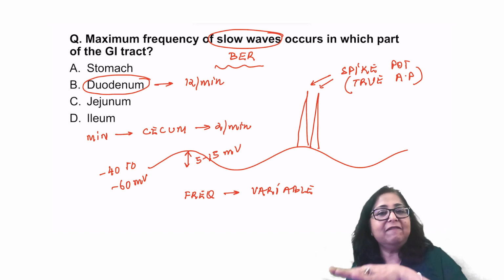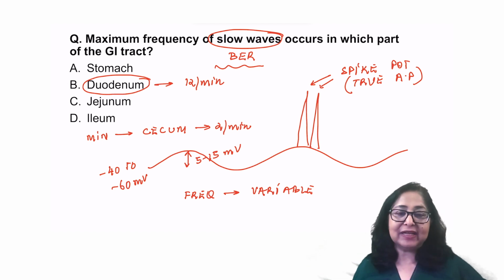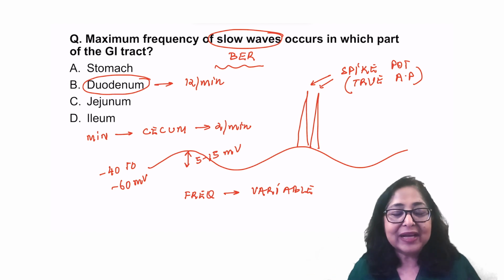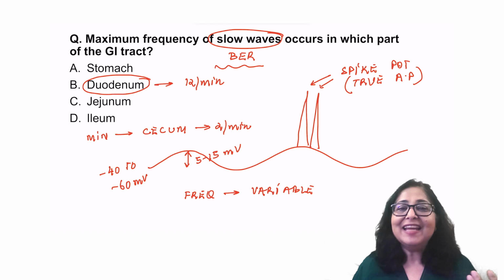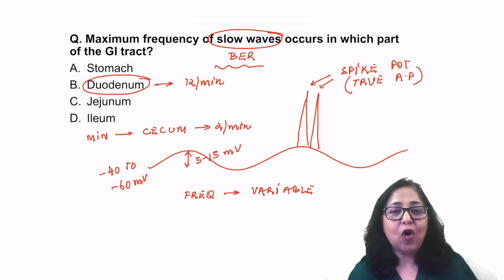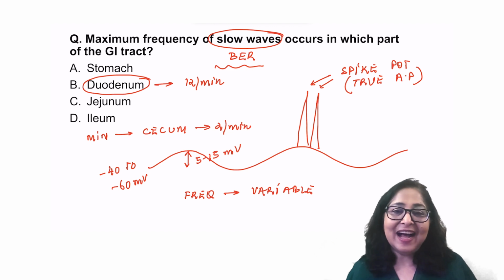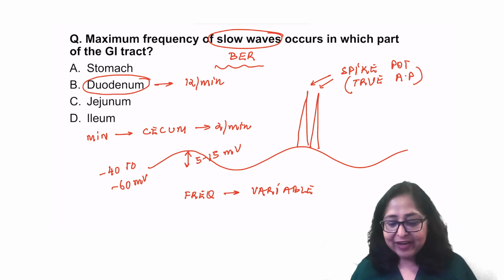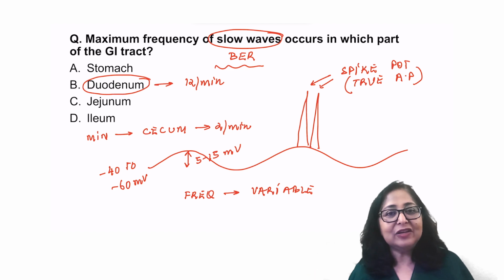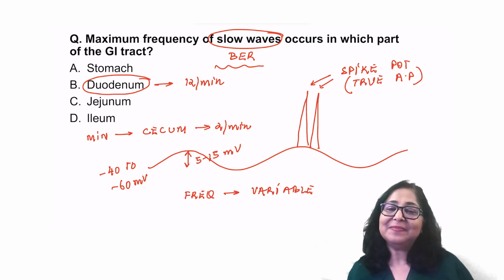BER is only a variation in the membrane potential. BER is also known as the slow waves. BER is produced by the pacemaker cells of the small intestine. Which are the pacemaker cells of the small intestine? The interstitial cells of Cajal. So these are the slow waves in the GI tract. Maximum frequency, duodenum. Minimum frequency, cecum.